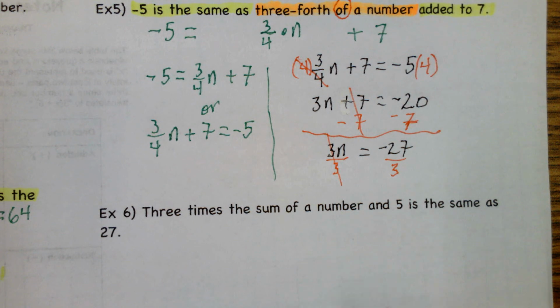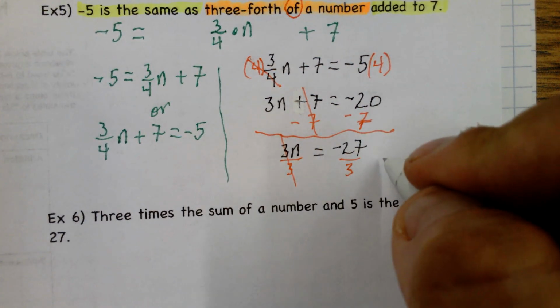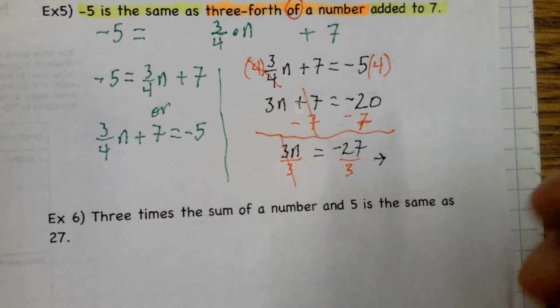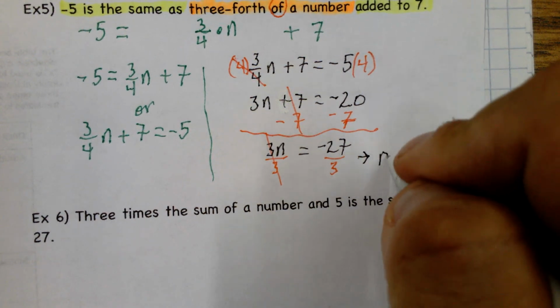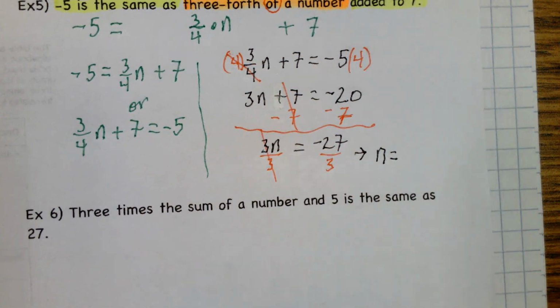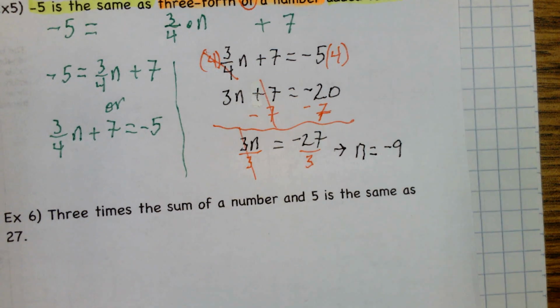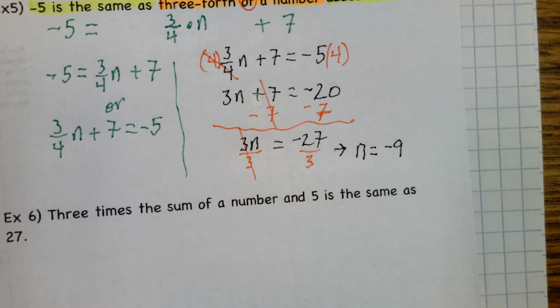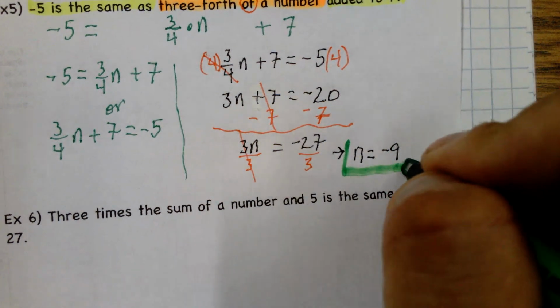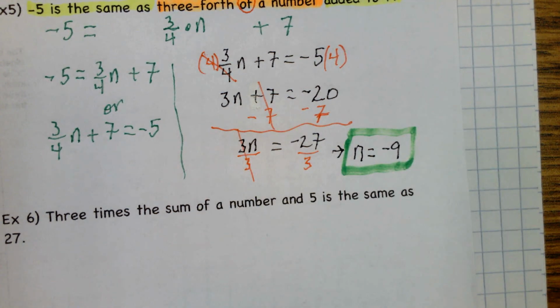And I get whatever negative 27 divided by 3 is. What is that? So that's my answer, negative 9. Okay.